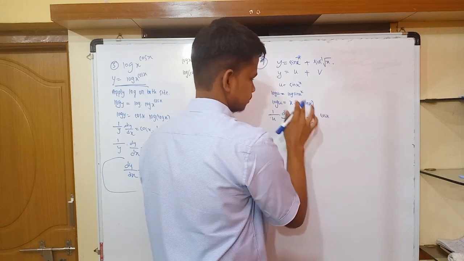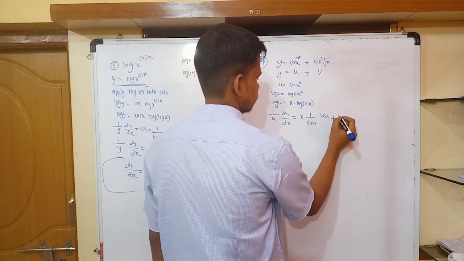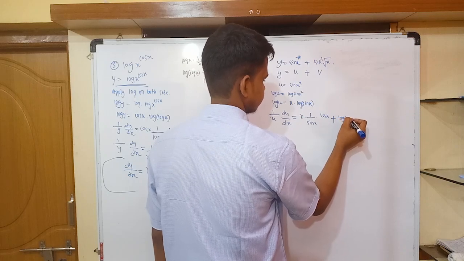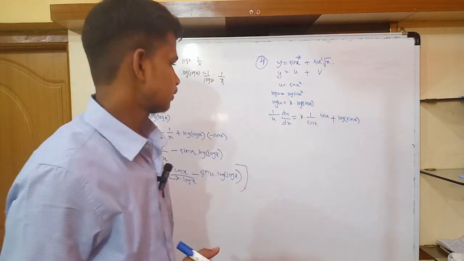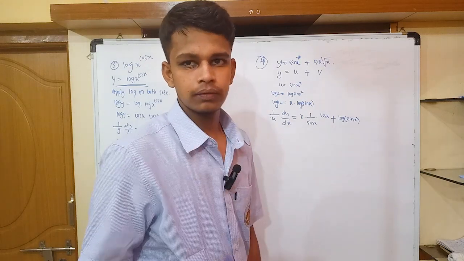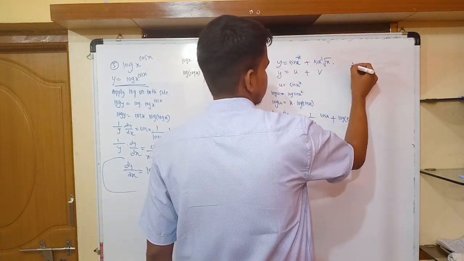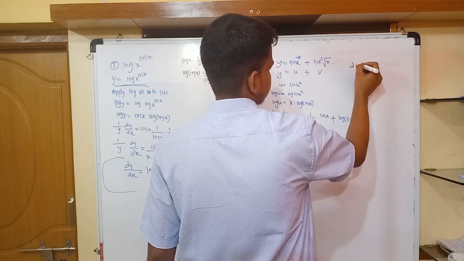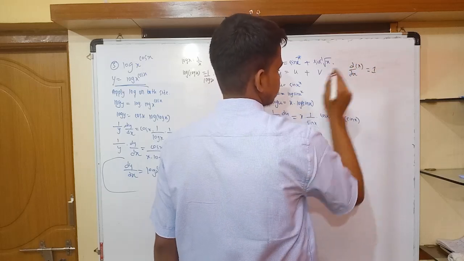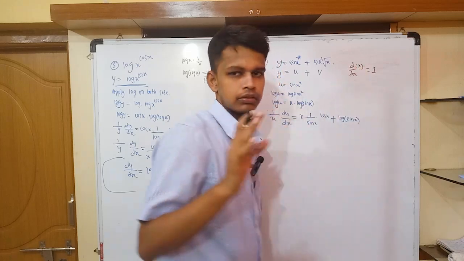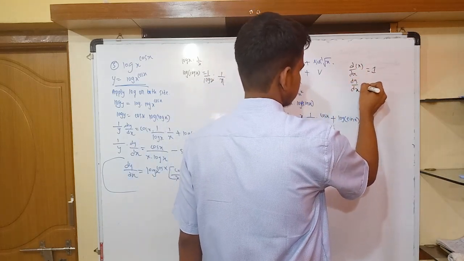Plus we have to write log of sin x as it is, into the derivative of x. The derivative of x is 1, because here we are differentiating with respect to x only. If we are differentiating y with respect to x, then it is dy by dx.